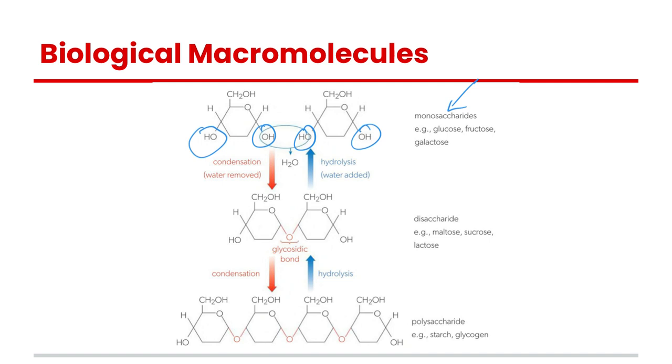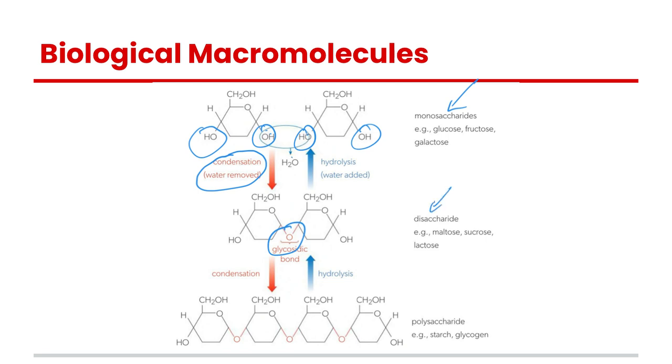This is just kind of the generalized reactions that are happening. Now, we have alcohols everywhere, so we can create polymerization by condensation. So removing water, we create this bond that we call, because it's a sugar, a glycosidic bond. And by doing that, we're also generating a molecule of water.